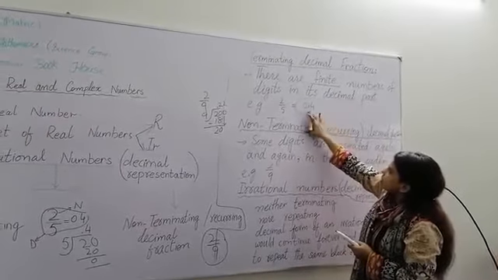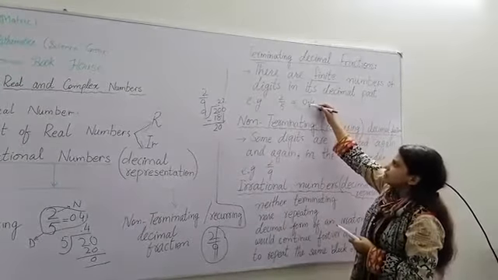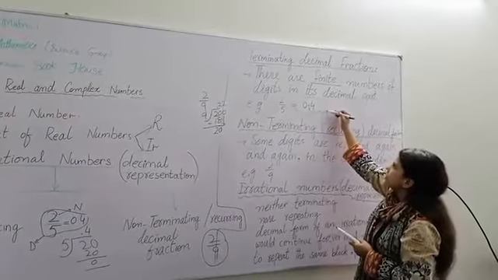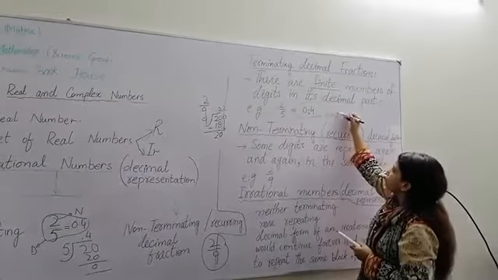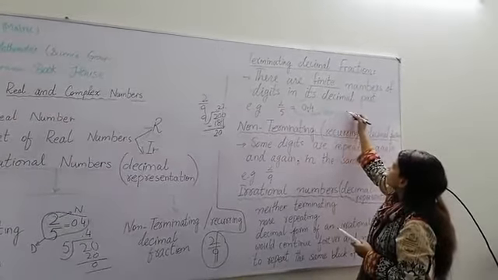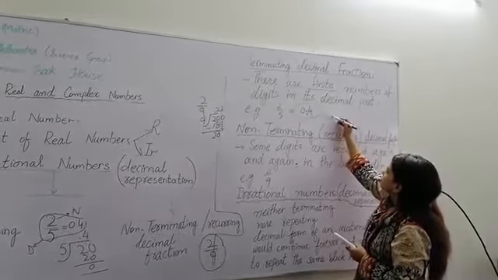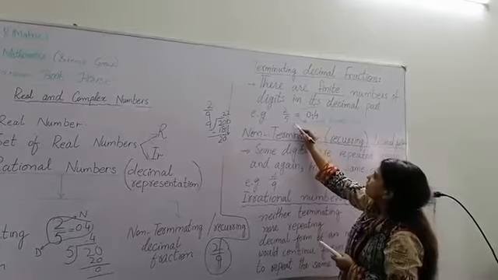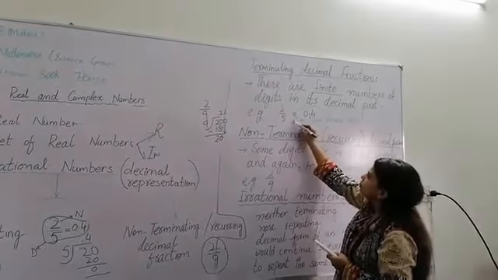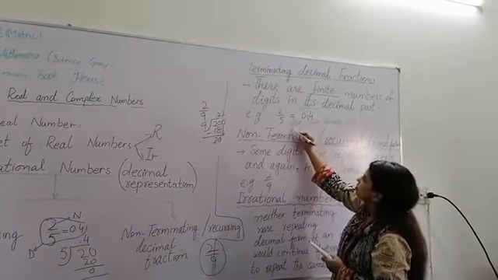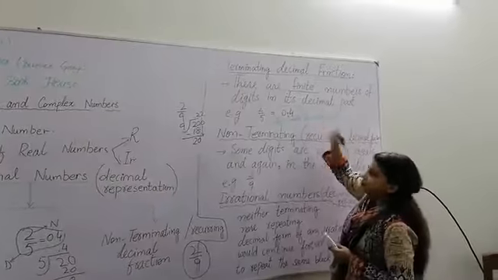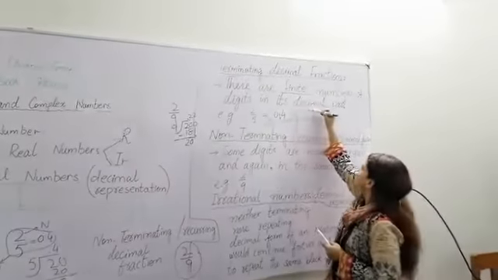The area on the right side of the decimal is called the decimal part of a fraction.